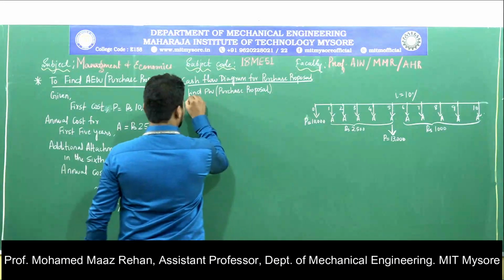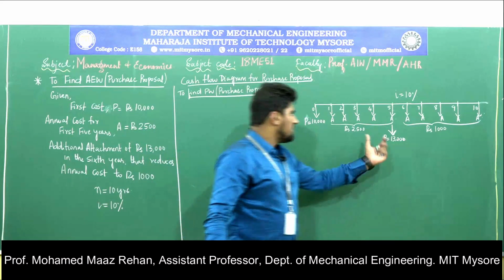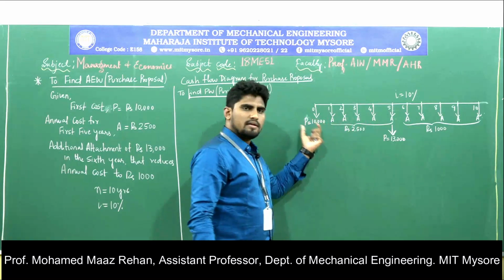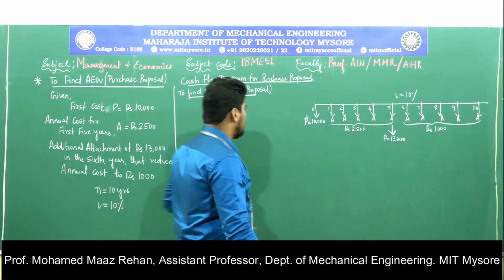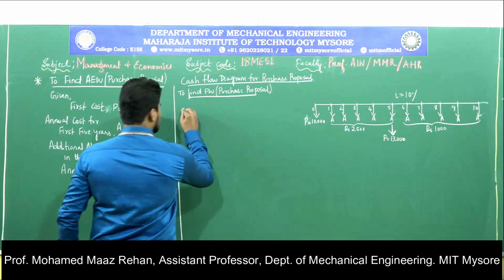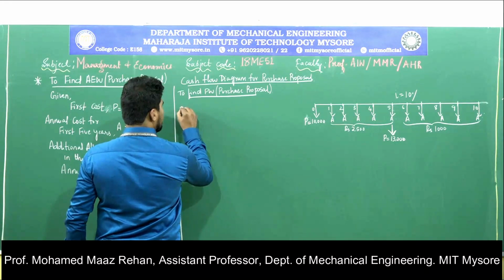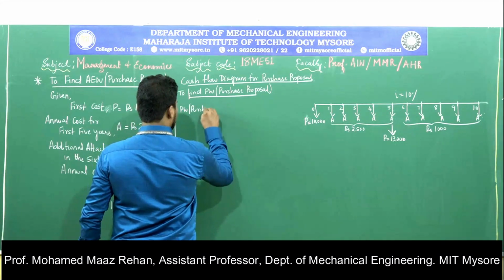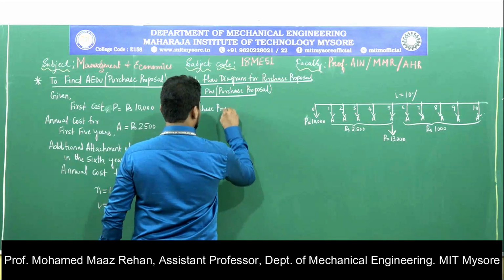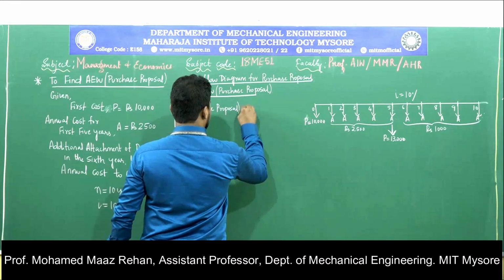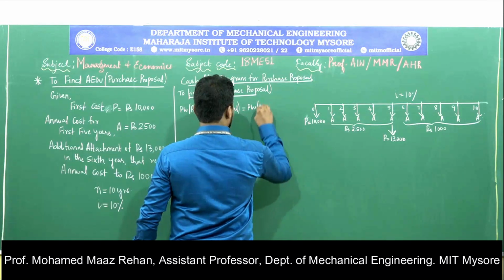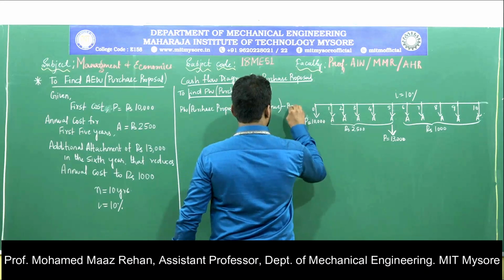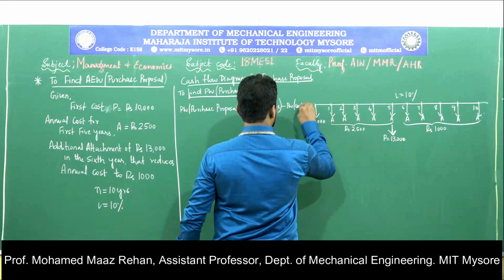Why are we finding this present worth? Because here you have 2,500 and 1,000. We shall convert all the entities to time 0, then we shall convert to A. So the present worth of the purchase proposal is equal to the present worth of revenue minus the present worth of cost.